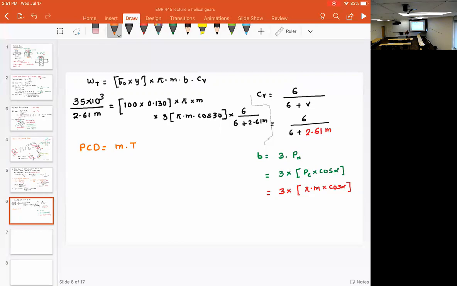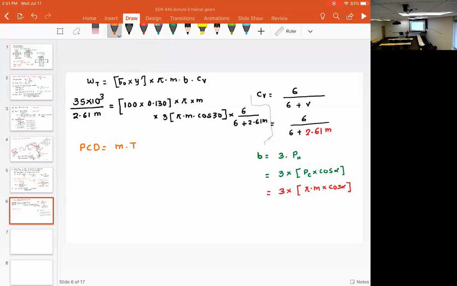What do I mean by equivalent number of teeth? Equivalent number of teeth is, if I were to construct a spur gear that is similar to the helical gear that we have, how many teeth it would have. And why do we have to convert a helical gear into an equivalent spur gear?